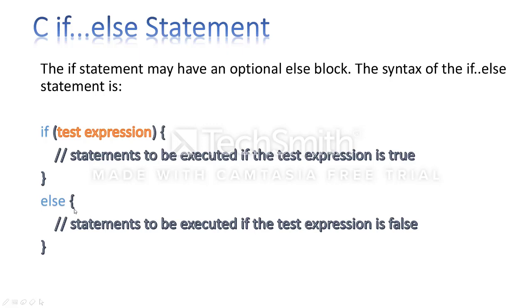Next else, again we have to remember the open brace and closed brace, statements to be executed if the test expression is false. When will it be executed? If the if condition is false, then we enter into the else statement. Here we print the statements that are under else. Otherwise, if the condition is true, we don't go into the else condition.